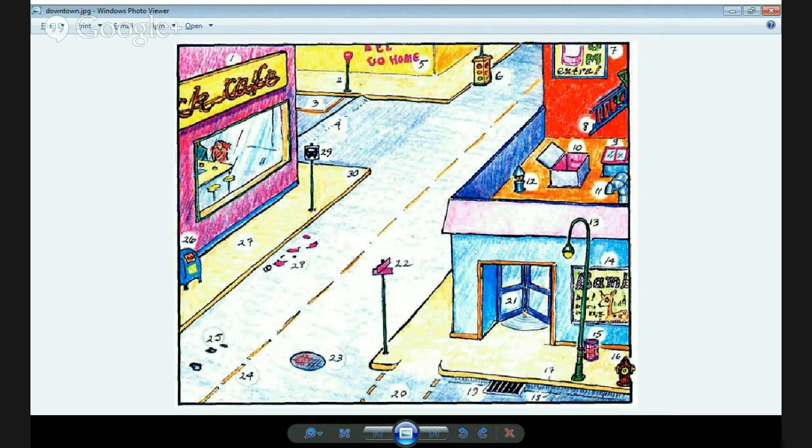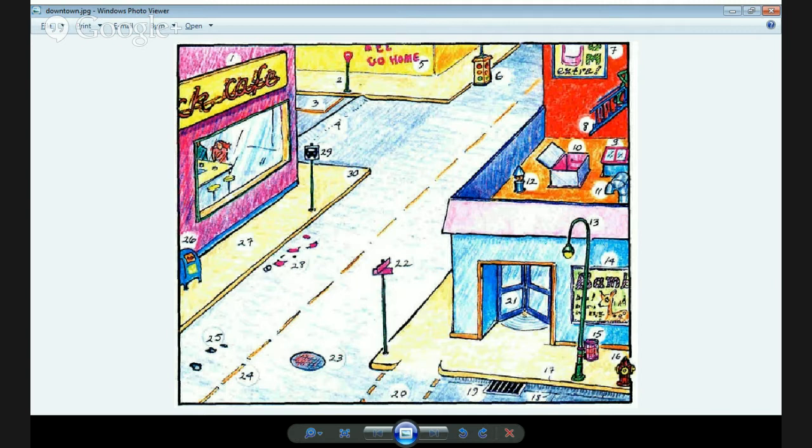It doesn't move. Because it doesn't move, we call this a compound noun. Compound noun means a noun with two parts, like policeman is a compound noun. So we can say cafe window because the window cannot belong to anything else because it's physically in the cafe.